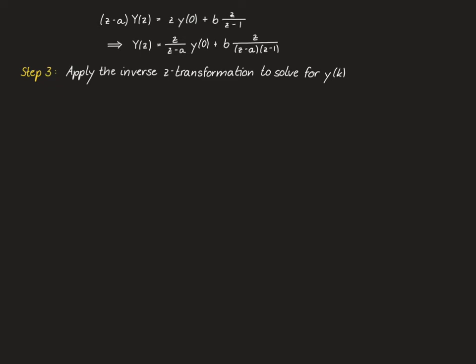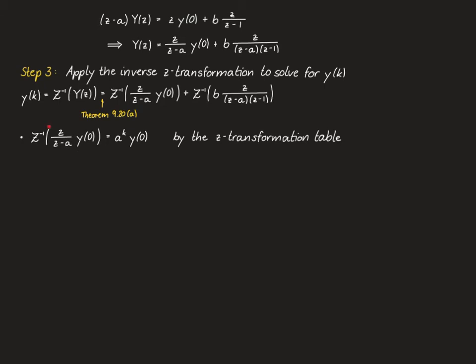Step 3 then consists of applying the inverse Z-transformation in order to solve for y of k. So y of k is obviously equal to the inverse Z-transformation of Y of z, which by the result up here and the linearity of the Z-transformation is equal to the inverse Z-transformation of the first term plus the inverse Z-transformation of the second term.